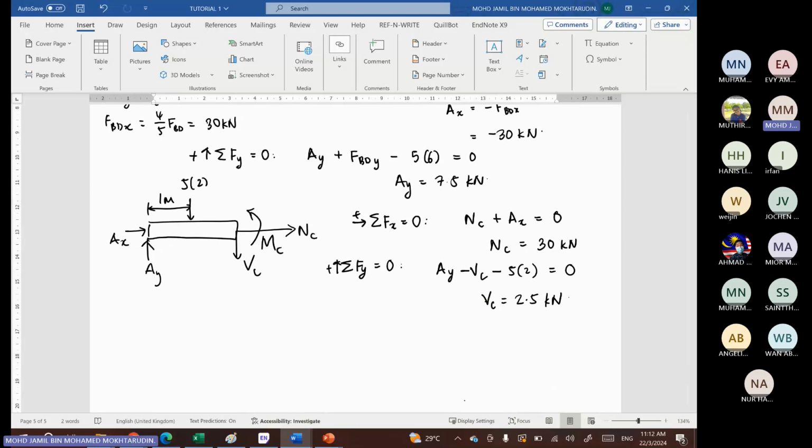And then moment at C. So at C we have MC, and then we have AY times the length 2 meter, and this is clockwise. So minus AY times 2. And then we have 5 times 2 times 1. So this is counterclockwise. So plus 10 times 1.